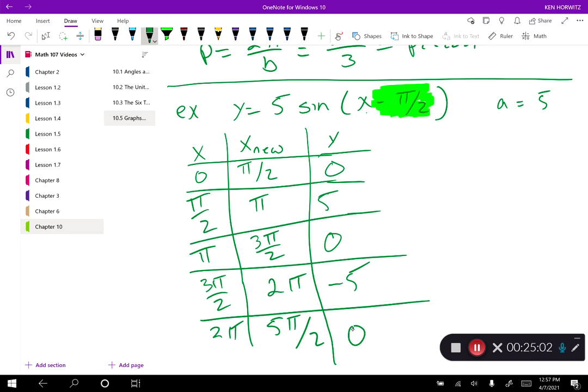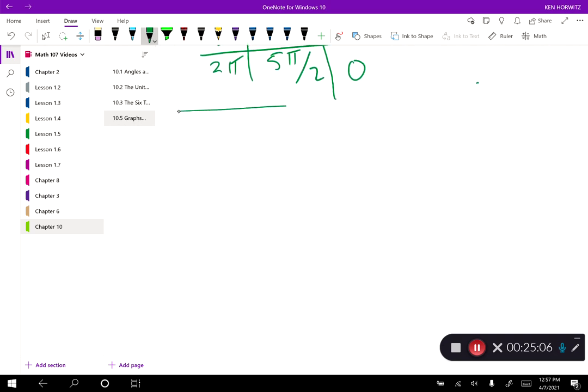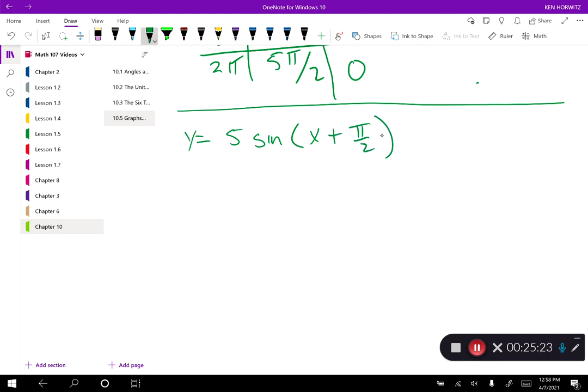One last thing that I want to jump in with, and that is, what if I change the example? If I change the example to y equals 5 sine of x plus pi over 2. All right, this is a graph that is shifted pi over 2 units to the left now.